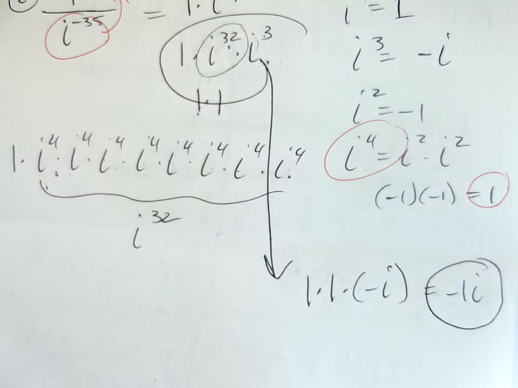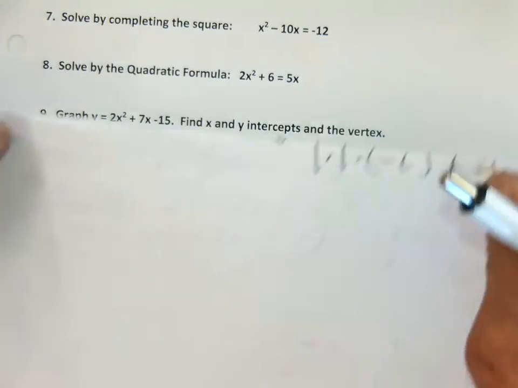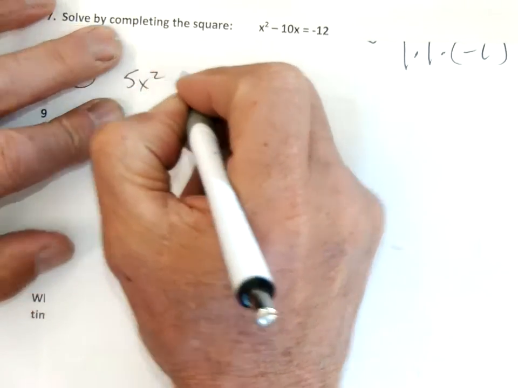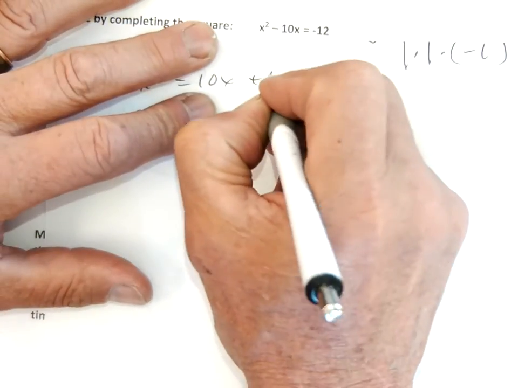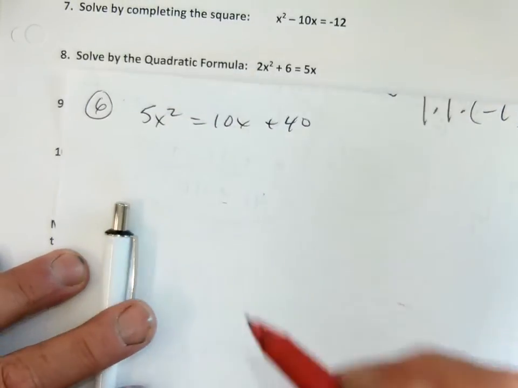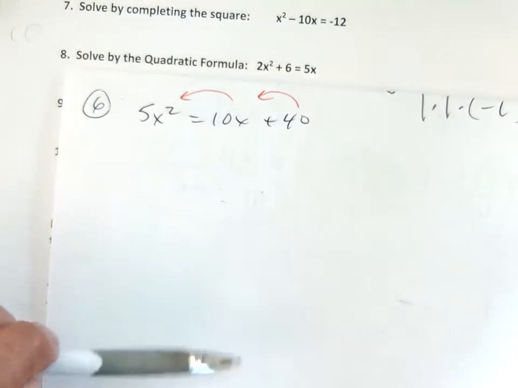Thank you, Brittany. All right, let's take a look at 6. Factoring, okay, 6, I've got a 5x squared equals 10x plus 40, right? So I'm going to bring over the 10x, and I'll bring over the 40.